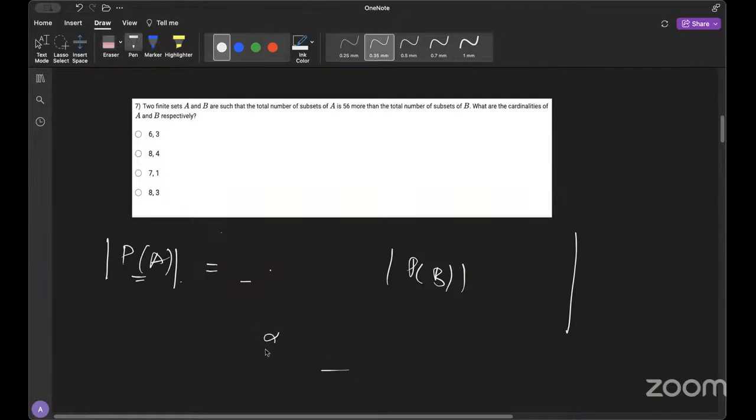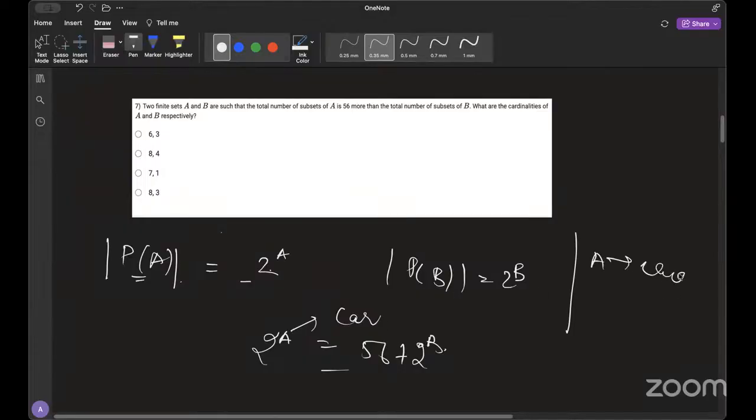This will give you this thing, and this is 56 more than this thing, where this is the cardinality of A.